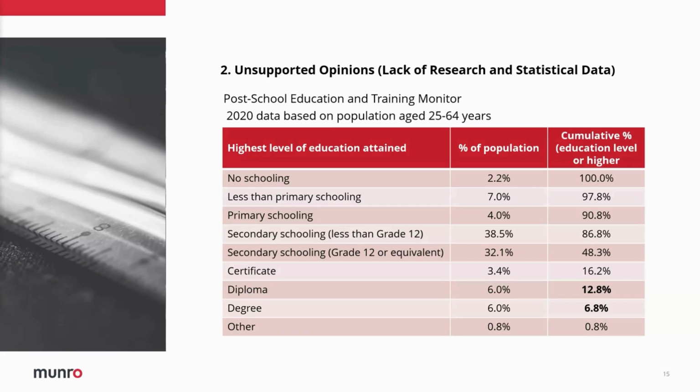What might be of interest here is that the highest percentage that achieves a diploma is 12.8%. Only 6.8% of working age people have a degree. So certainly if you want to postulate that somebody's going to have a degree, you need to be cognizant of this fact that that really puts you in a small percentage of the population, and justification should be provided.